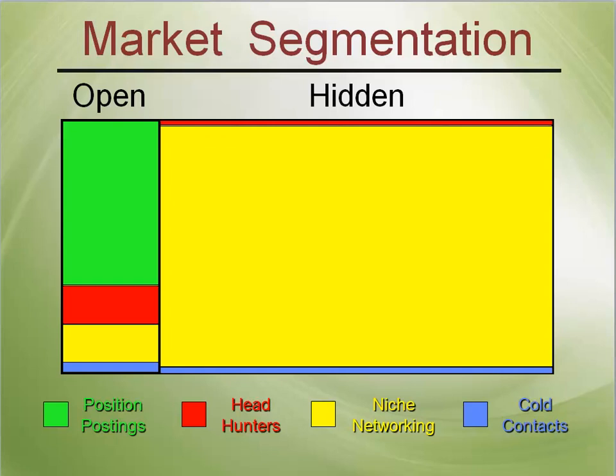How should you plan to use each of these 4 search techniques in each job segment? Let's take a look at each technique, beginning with position postings. For the open job market, nearly 2/3 of all open positions are filled through position postings.